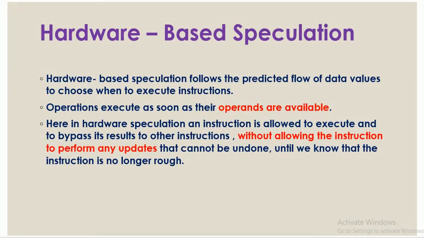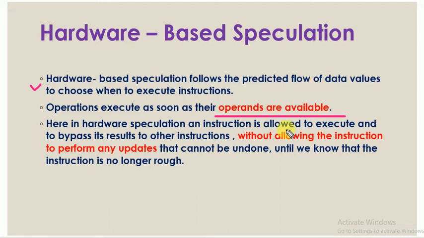It follows the prescribed flow of data values to choose when to execute the instructions. Then it executes as soon as the operands are available, as in the case of our Tomasulo based approach.